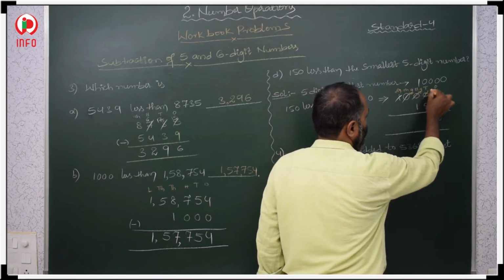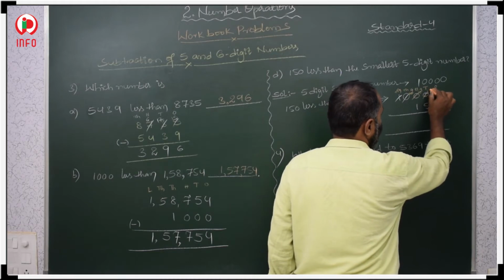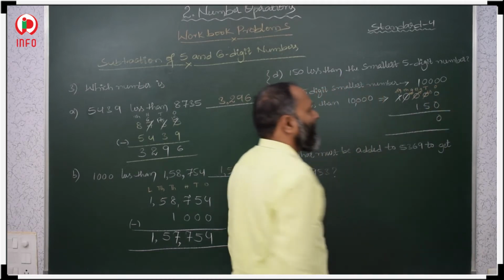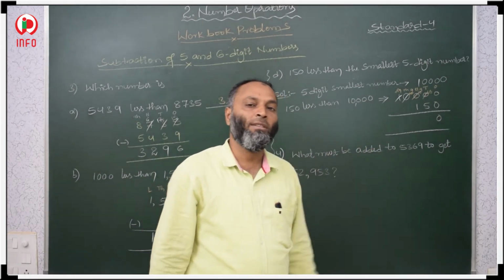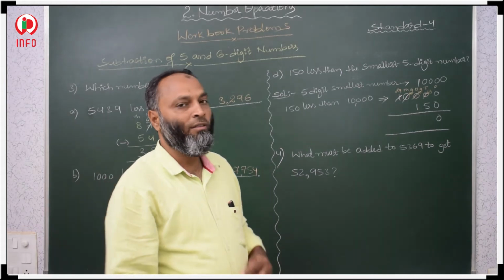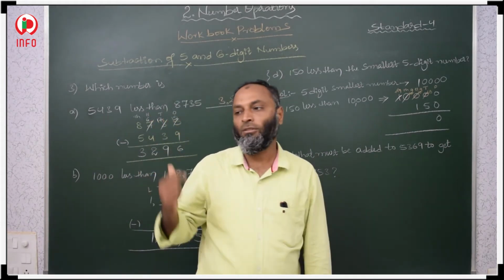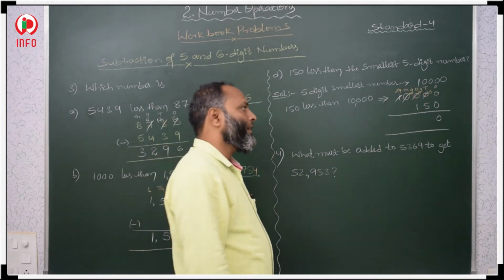Here 10. Again here 9. No, till here only we need. We already discussed in the previous sums how it will get 10 when zeros are there. We showed it in the second question.